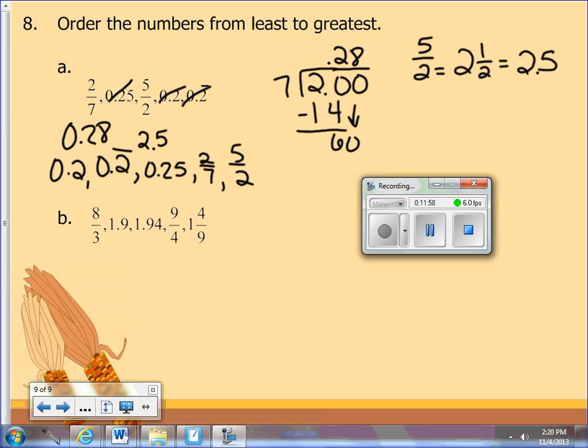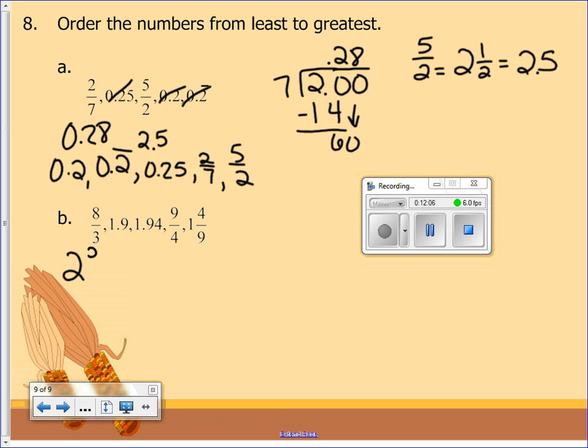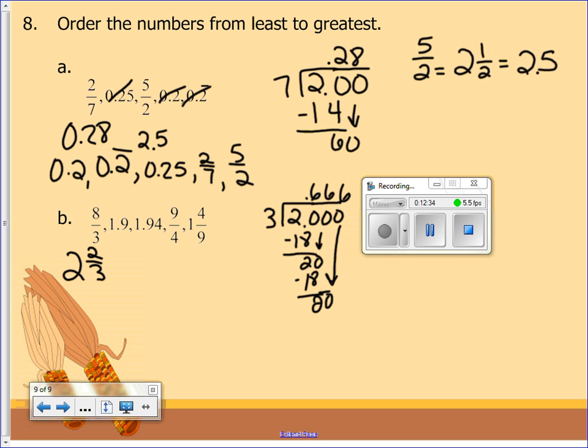I'm going to pause the video. You're going to do the same thing on B. So 8/3 will change to 2 2/3. If you don't know this by heart, you're going to need to have it memorized. 2/3 in decimal form is going to be 0.6 with a bar notation over it.